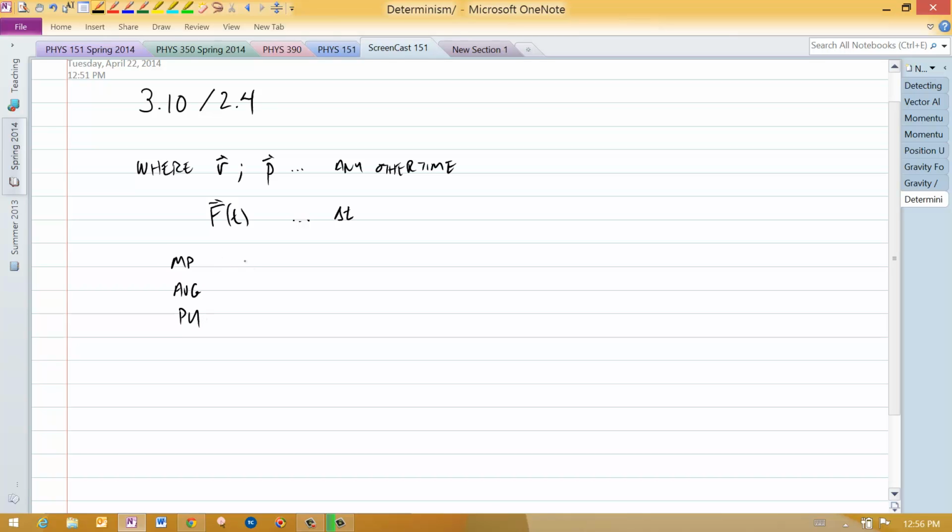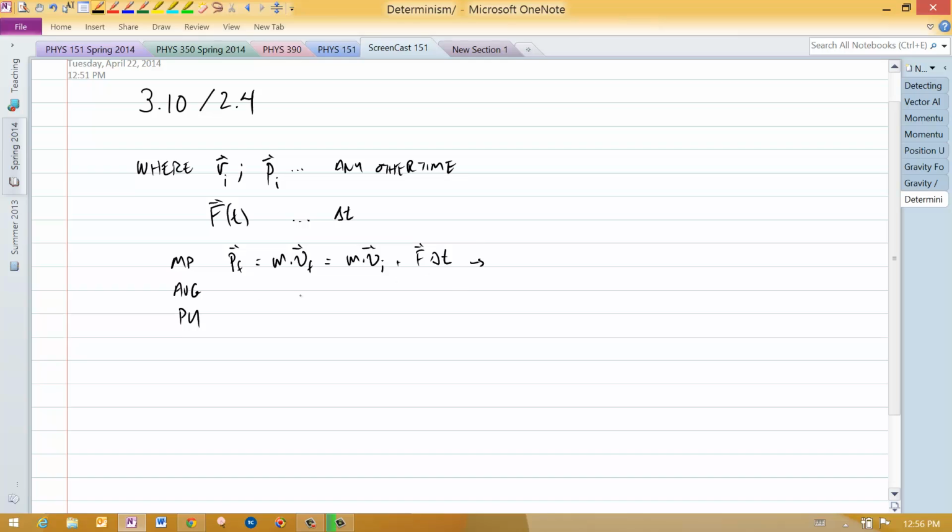So the momentum principle tells me, if I'm given the initial momentum and the initial position, P final, which is equal to m times v final, is equal to m times v initial plus whatever force is being applied times delta t. That is just the momentum principle.